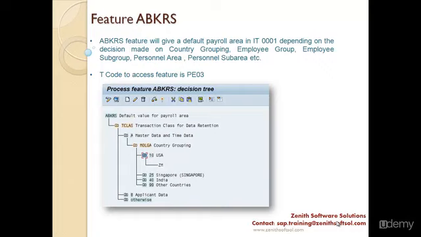Whatever decision you want to place, you can place it and then tell the system, hey, if the employee belongs to country 10, then this should be the payroll area. So the system takes this value from the feature and stores it as a default value in that infotype. So the end user should not worry about what the payroll area of the employee is and so on. It basically reduces the effort of the end user by giving him the default value for that particular field in the infotype. So this is about the feature.